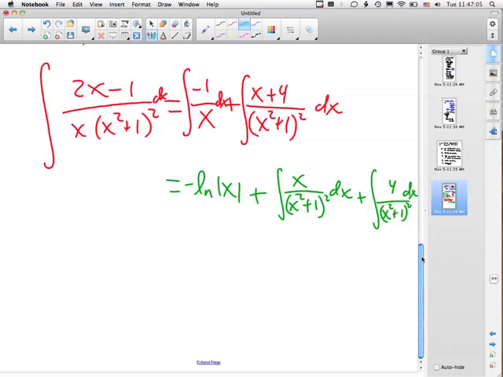We can see what we can do with either of those. Okay, this one is just going to be a u sub. And I hope by now you know that this one is going to be a trig sub. Okay? I'm not going to do those now because the purpose is to make sure that we understand how to do the partial fractions. Okay, so that's pretty much the end of it.